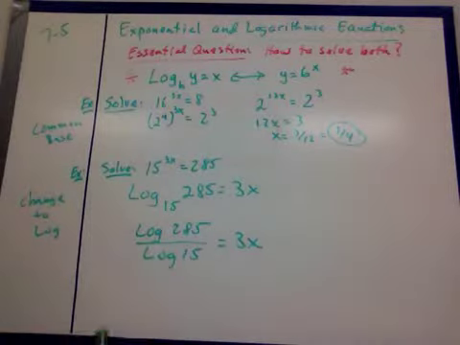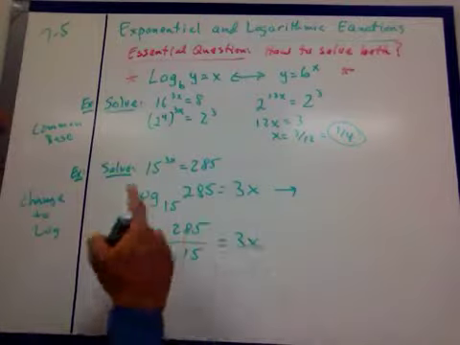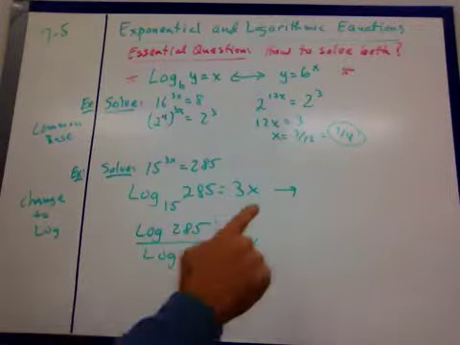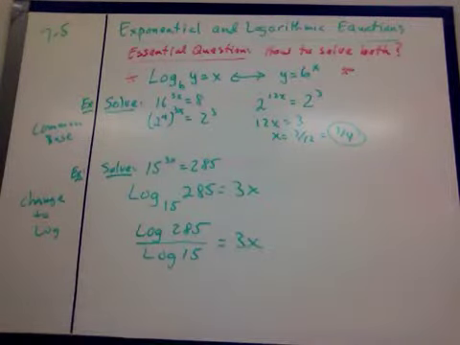Change of base is one way to do it. Okay, you can do it with your calculator. The book also comes over here and says that you could take that. No, I take that back. I'm not going to do it that way. I think that'll just confuse you. Let's just go ahead and do this right here.